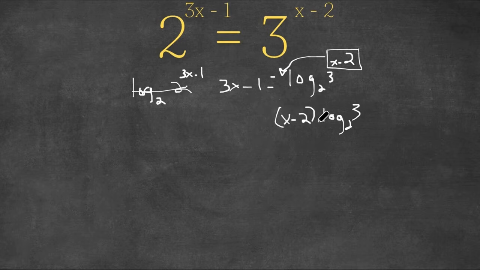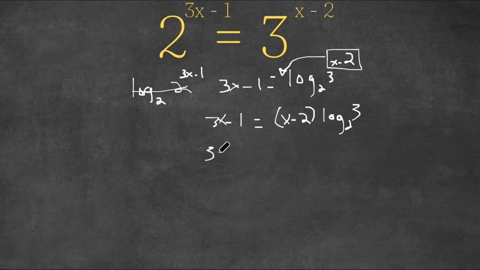And I'm going to put parentheses over here. So this is an important property of logarithms, and this still equals 3x minus 1. So now we're going to distribute our log with subscript 2 of 3 to this x minus 2.